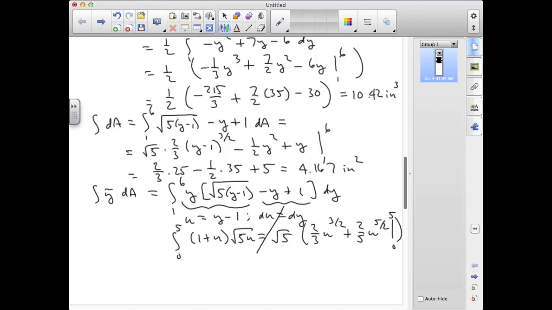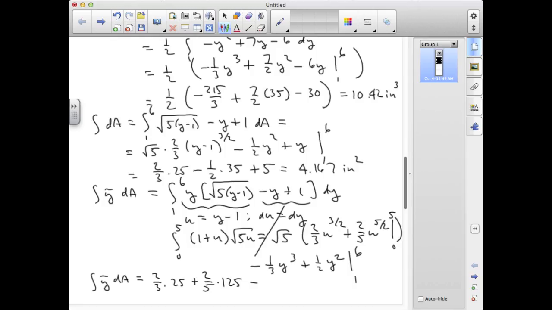The second two terms integrate pretty easily to minus 1/3 y cubed plus 1/2 y squared between these limits of 1 and 6. And so putting all these numbers together, we end up with 2/3 of 25 plus 2/5 of 125 for the first term.